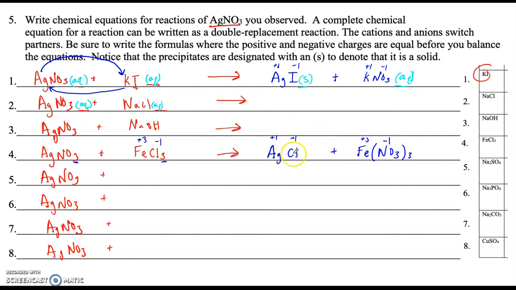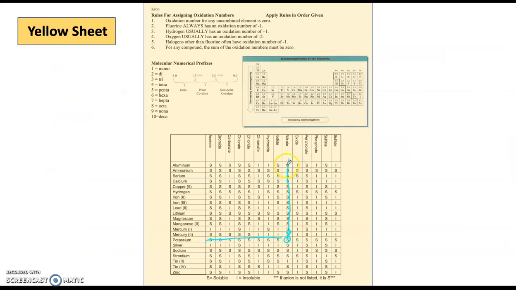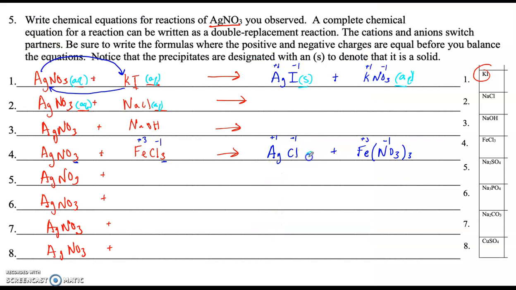So let's do another one, AgCl here. Ag, silver, and you'll notice that looking at the silver, a lot of the silvers do not dissolve. They're all insoluble. Chloride, silver chloride, and silver chloride happens to be one of those insoluble ones. So I would put an S after silver chloride.